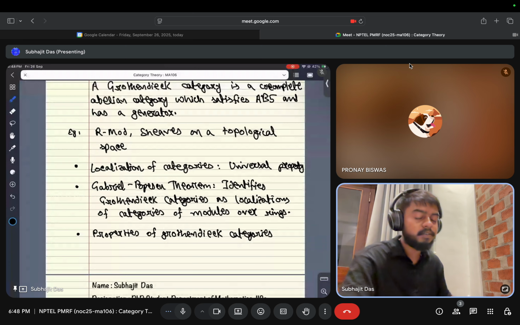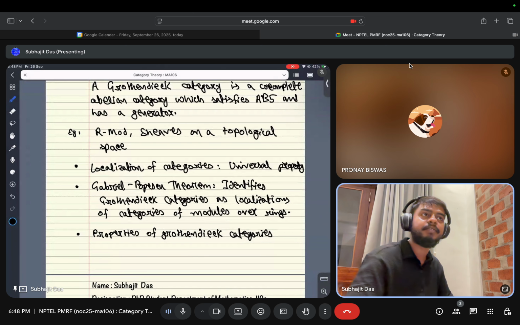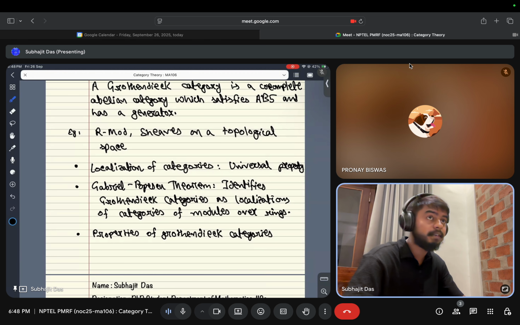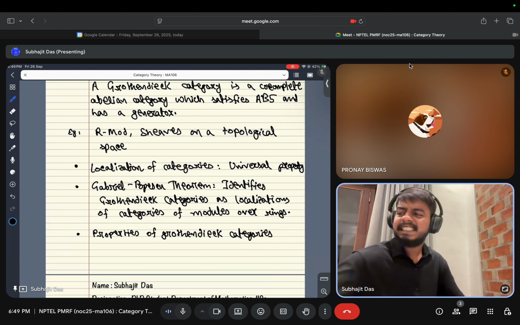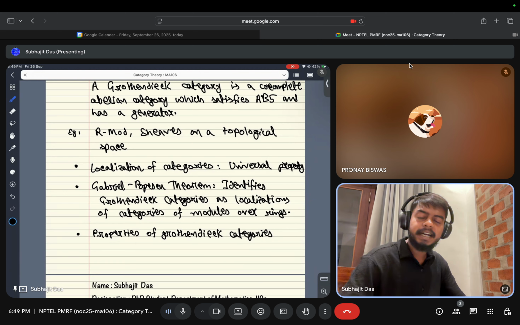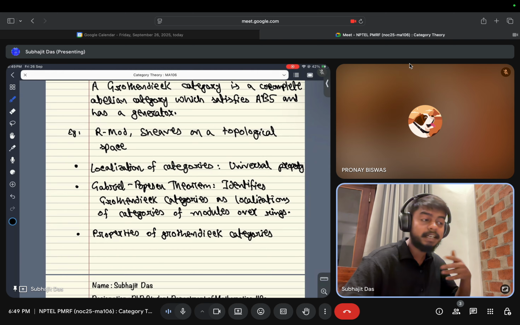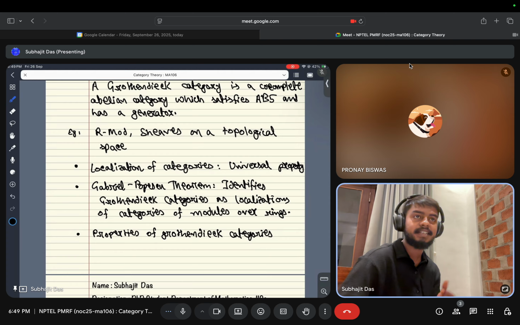If F is a functor from a Grothendieck category A to a Grothendieck category B, both locally small, and your domain category A is well powered, has a cogenerator and is complete, then your functor F has a left adjoint if and only if it preserves limits.